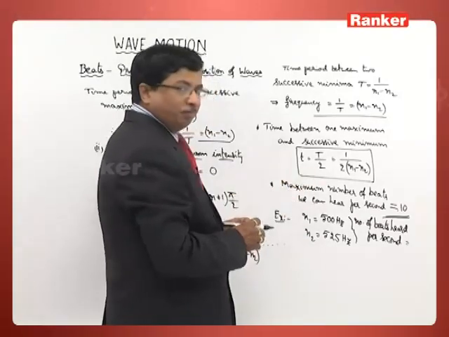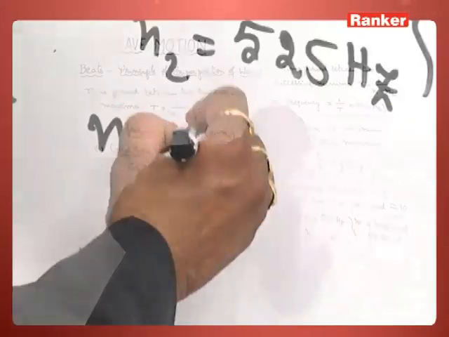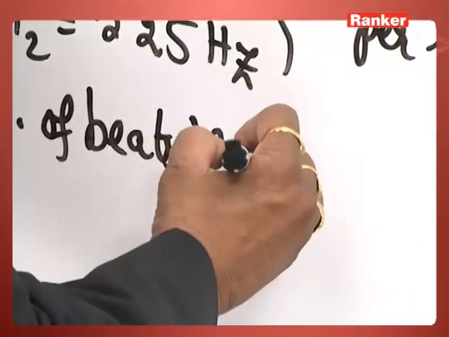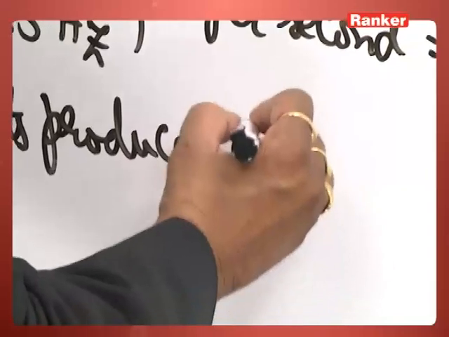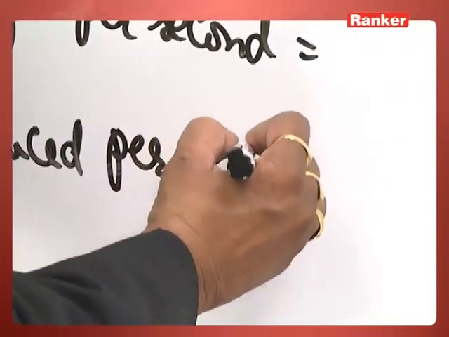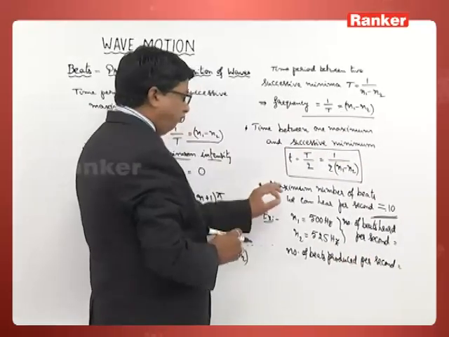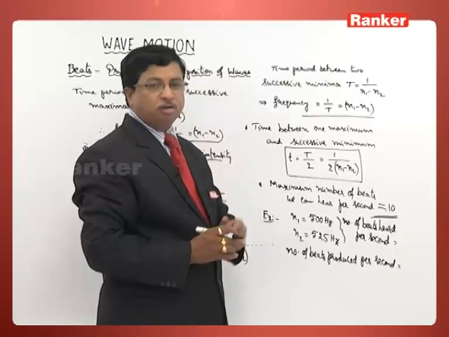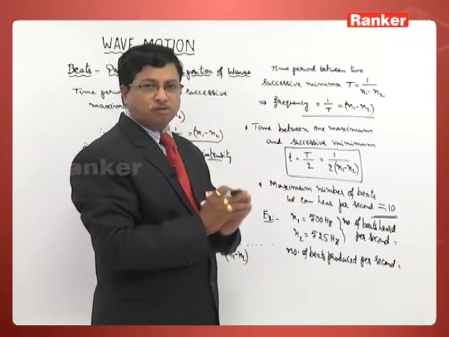That is one question. What is the second question? Number of beats produced per second. Produced per second and heard per second are totally different. Every beat that is produced need not be heard. Therefore there is a difference between these two wordings.